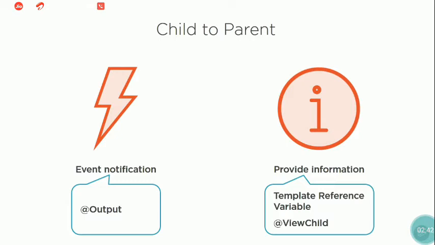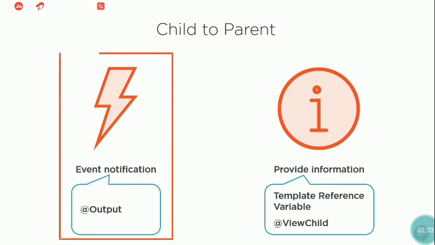Then once the parent has that reference, it can access the child's properties or call its methods. We walked through these techniques in the prior module. And of course, though not shown here, we can use a service as an intermediary to communicate between the parent and child. We'll look at services as a communication mechanism later in this course. Let's focus now on the output property technique.